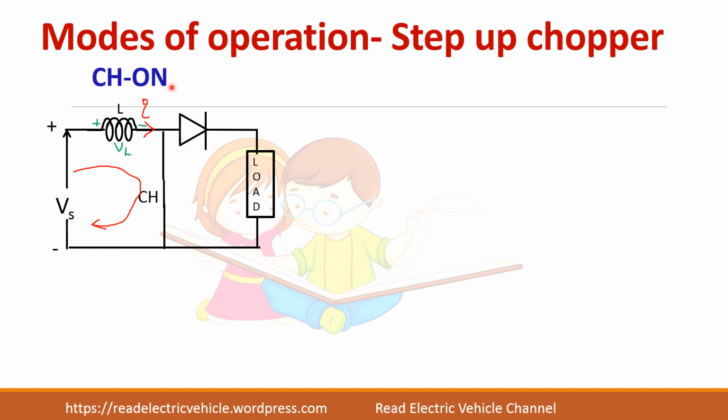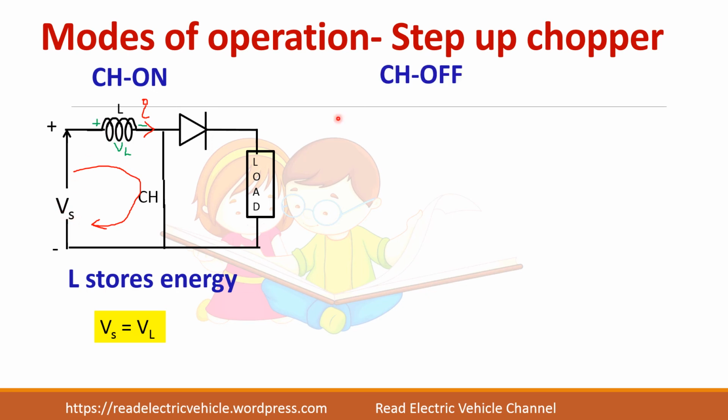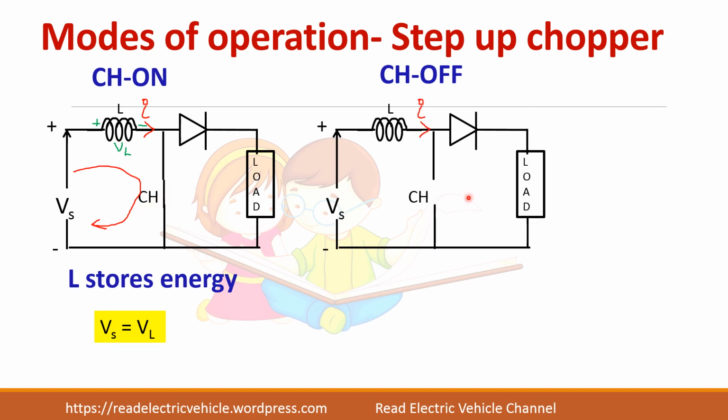So when the switch is on, so this is the switch. When the switch is on, the inductance stores the energy and we can write Vs is equal to VL. When the switch is off, if I remove this switch, the inductor current will always flow in the same direction, because the property of the inductance is that it will not allow the current to reverse immediately.